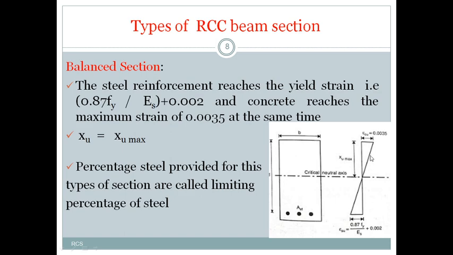Then we get a linear line passing through the neutral axis of the member and the vertical line of this strain diagram. They are all intersecting at a common point. Then only we can say that they are reaching at the same time. Those types of sections are called balanced sections.